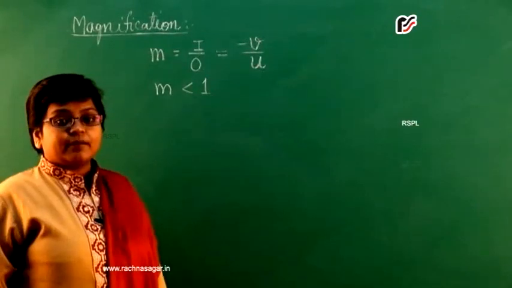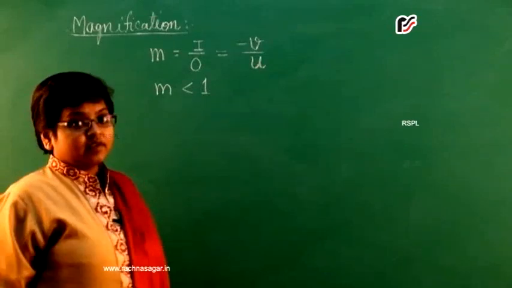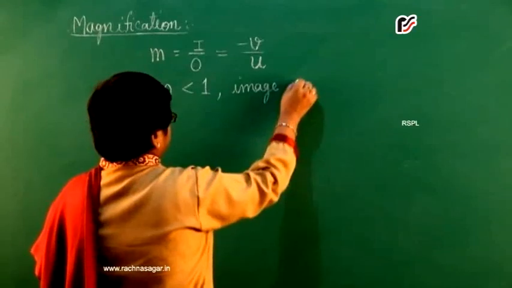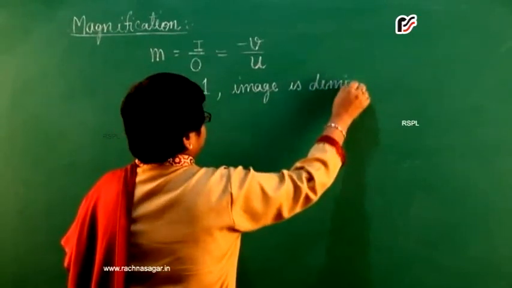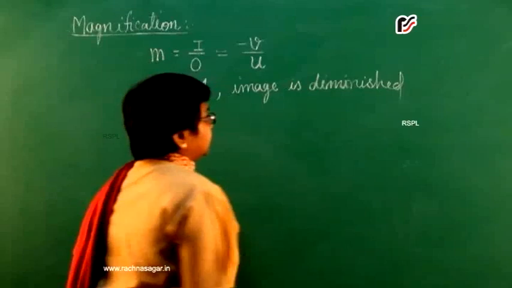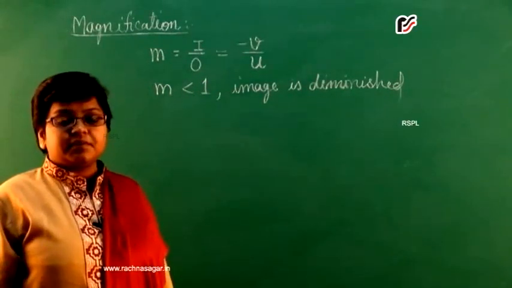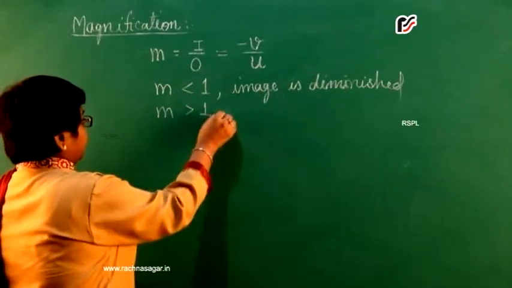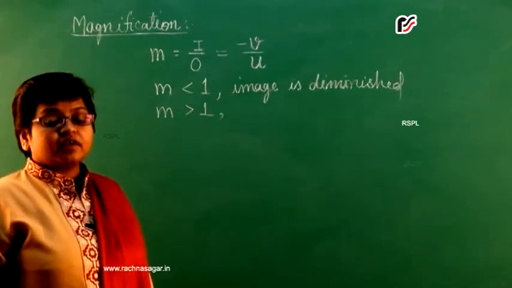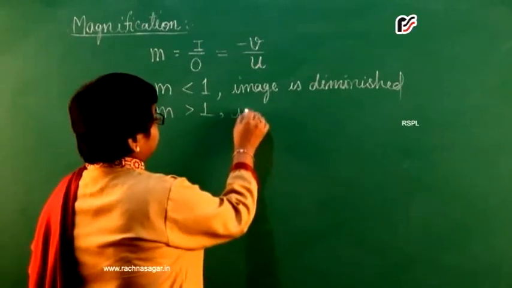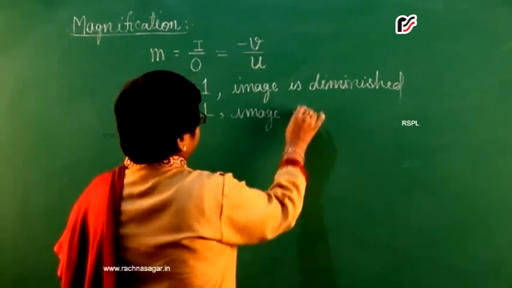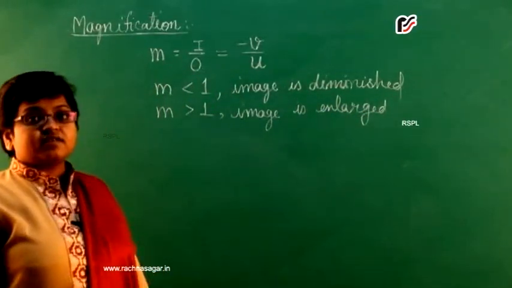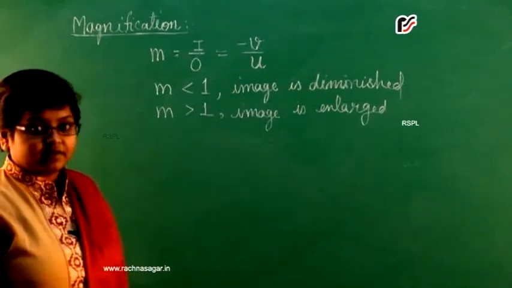If the value of m is less than 1, then the image formed is diminished. If the value of m is greater than 1, the image formed is enlarged or magnified.